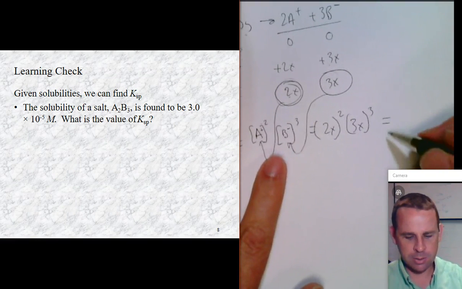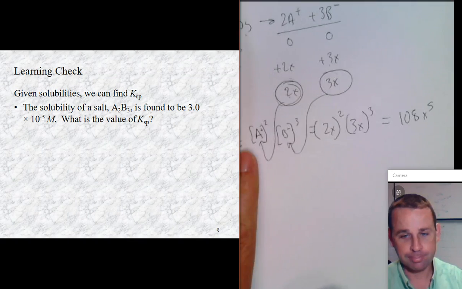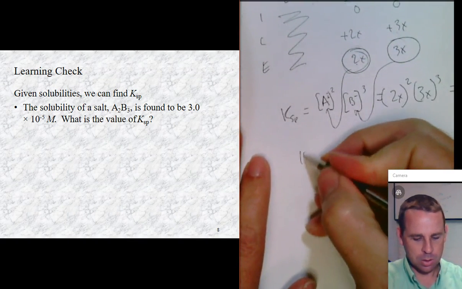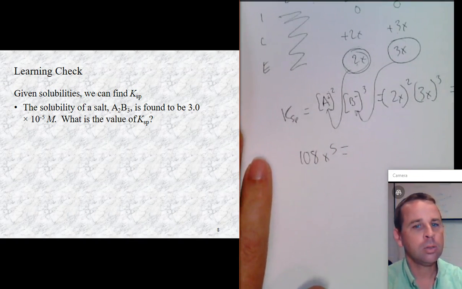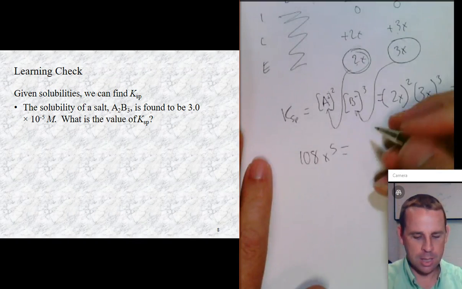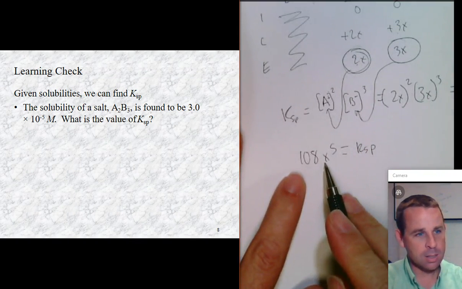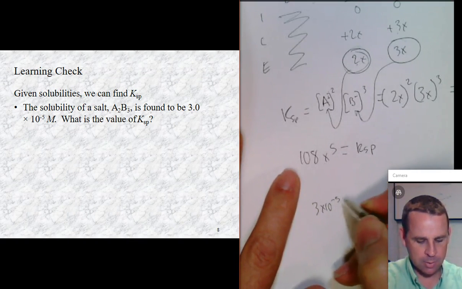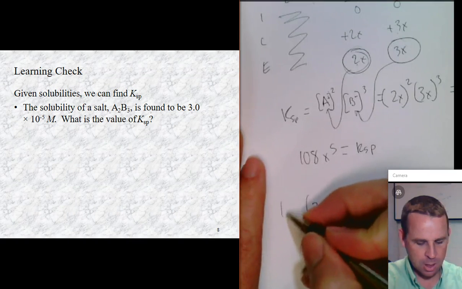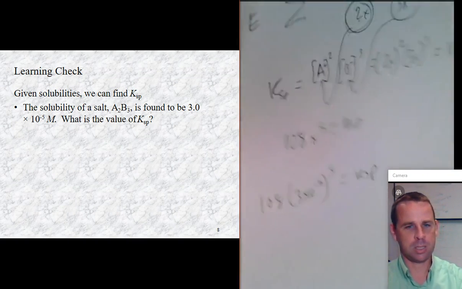I know what this value is: 108 x to the 5th. Same as before. So, 108 x to the 5th will be set equal to KSP. But we know x here to be 3 times 10 to the minus 5. So 3 times 10 to the minus 5 to the 5th times 108 should be what our KSP is.